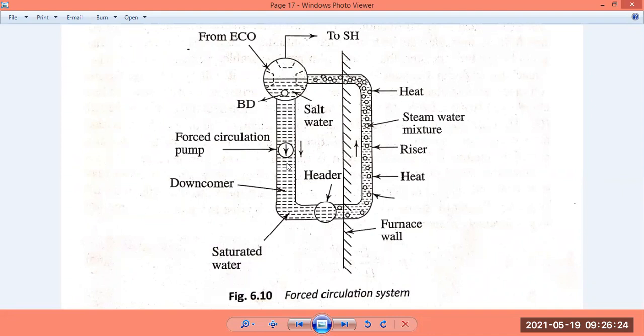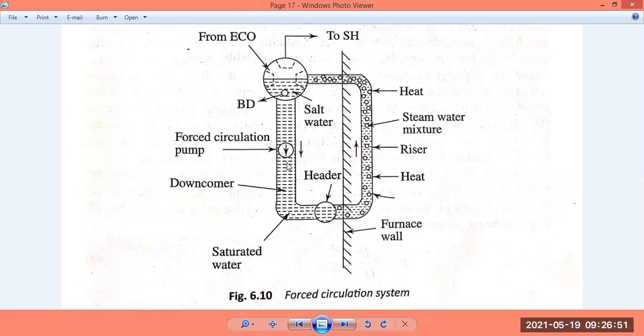With the riser portion installed in the hotter zone, the tubes which are heated more will act as a riser, and tubes which are heated less act as downcomers. So what we are doing here is that the full riser-downcomer assembly is placed inside the boiler, but the downcomer is placed more or less near the wall and the riser portion is placed more or less at the center of the furnace where the heat is maximum.